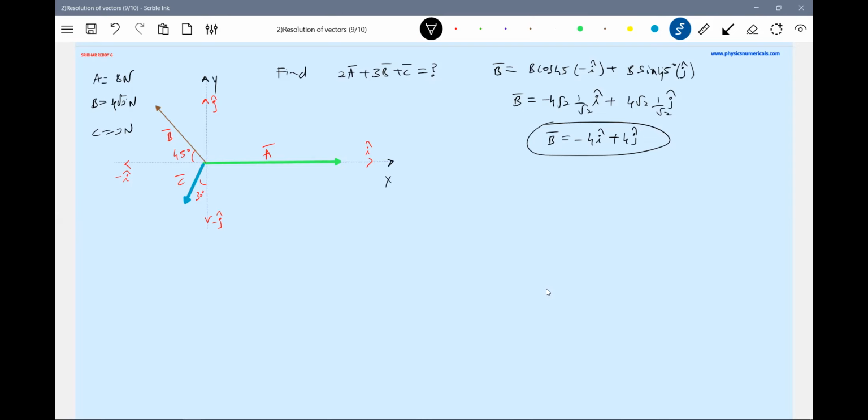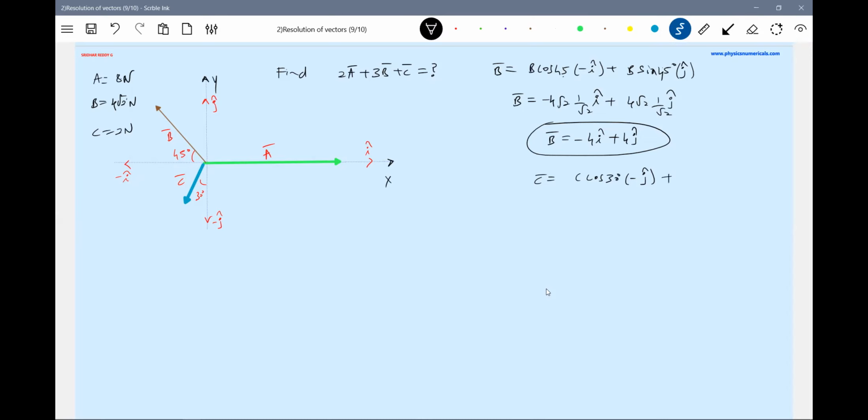Then similarly, C bar we will generate. C bar will be C cos 30 degree minus J cap. Again, big trouble for you. Sir, here for I cap you took cos, for J cap you're taking cos. It's not like some rule. No, this will become the horizontal component, and this will become the vertical component for C bar.